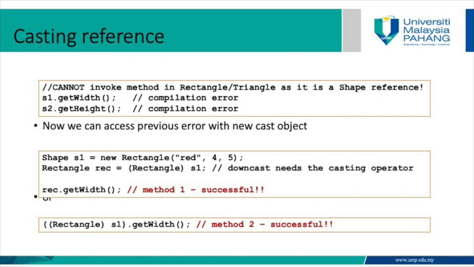So now you should understand how we can do upcasting and downcasting when it involves the parent class and the child class. Here is how we do the downcasting for Rectangle, where Shape S1 refers to the Rectangle class, which is one of the child classes. In the second box, we define Shape S1 equal to new Rectangle, and then we downcast by referring it back to Rectangle, a new object rect.